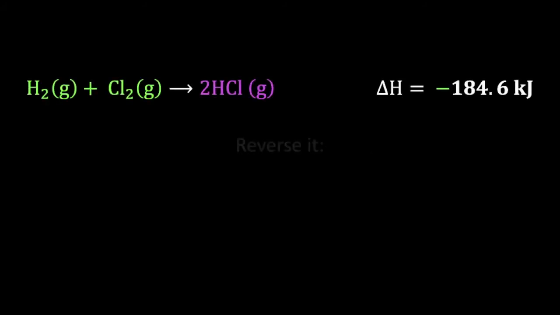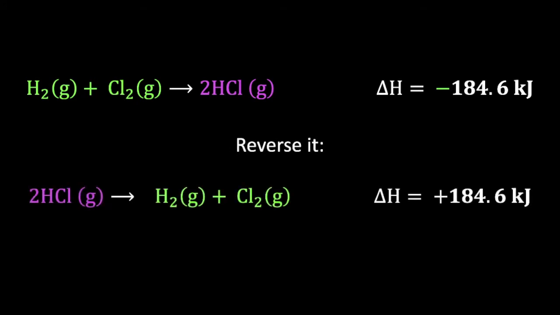For example, maybe you need to know delta H for A plus B yields C, but you only know delta H for C breaks down into B plus A. Well, we can flip an entire reaction, but only if we change delta H to the opposite sign. In other words, the enthalpy change for a reaction in one direction is equal in magnitude but opposite in sign to the enthalpy change for the reverse reaction.